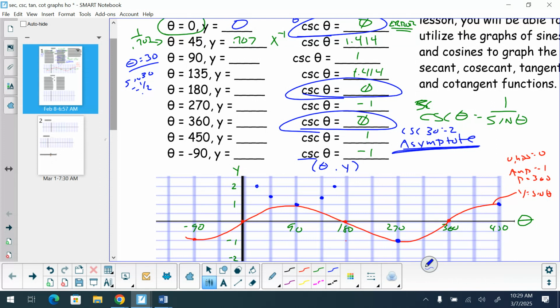What occurs here, to be more specific, is we get a vertical asymptote. Now, what an asymptote is in a graph is a line that is approached but never crossed.